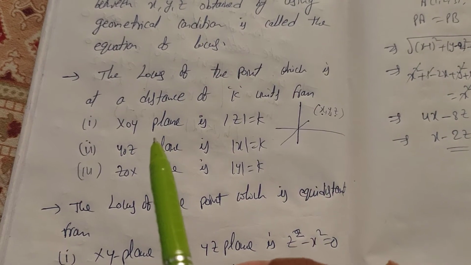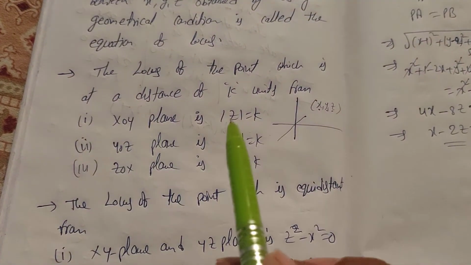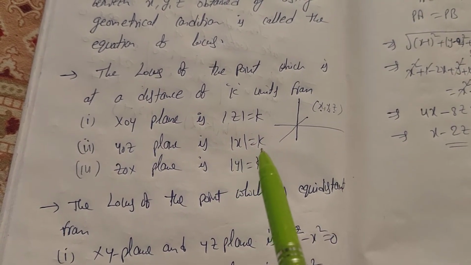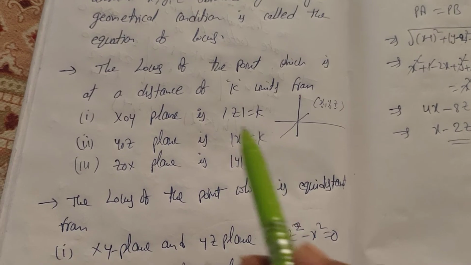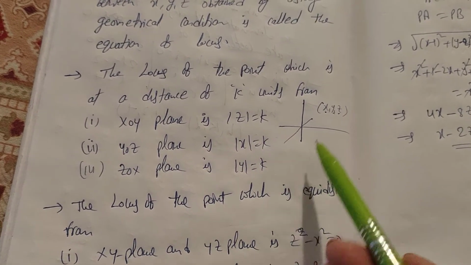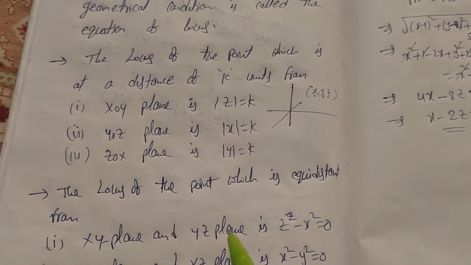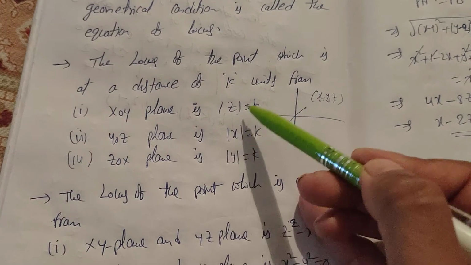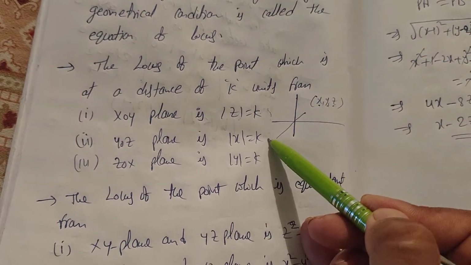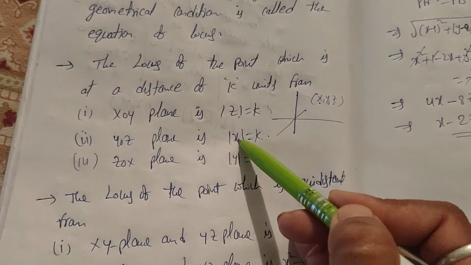The distance from the xy plane is mod z is equal to k, and from the yz plane it is mod x is equal to k. These two are equal because the point is equidistant from both planes. I am explaining using this only. Equidistance means you are considering k units. So mod z is equal to mod x.